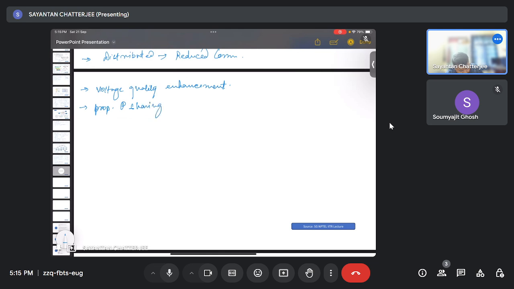Proportional active power sharing between microgrids, so these things can be obtained or facilitated. Voltage levels are also obtained.